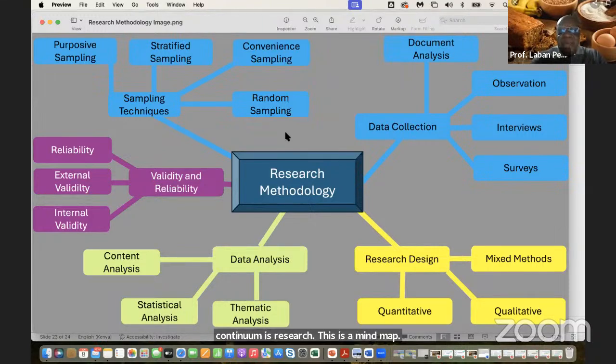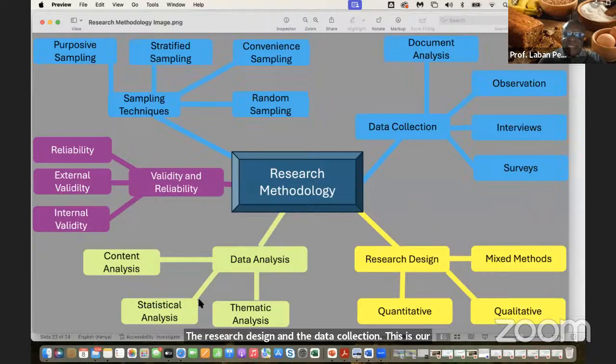And what I wanted the students to note is that there are certain aspects that have not been captured on this mind map, but hidden within. So this is, you can say the research design and the data collection. This is our chapter 3.